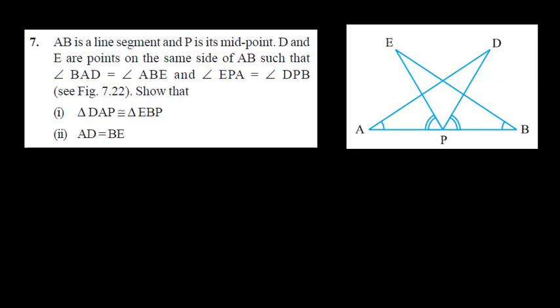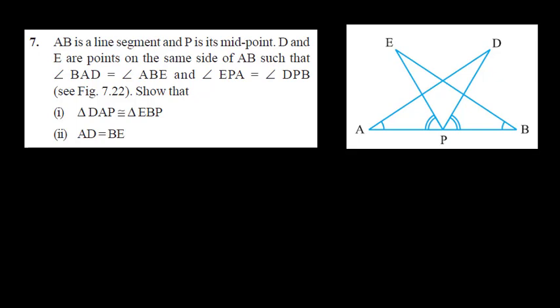But if you see carefully, if we add angle EPD in both these angles, we will get angle APD equal to angle BPE. So we will do that, and side AP and side BP are equal. It is given, point P is the midpoint. Therefore I can say that these two triangles are congruent. Now as the triangles are congruent, their corresponding sides, AD and BE, are equal. So a simple question.